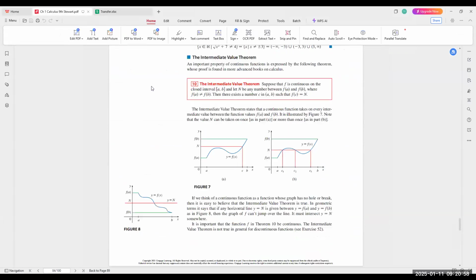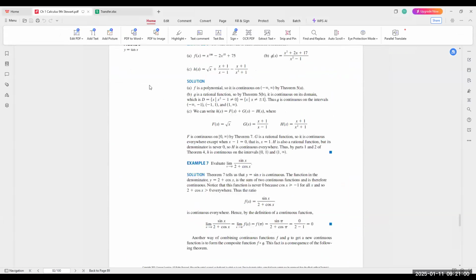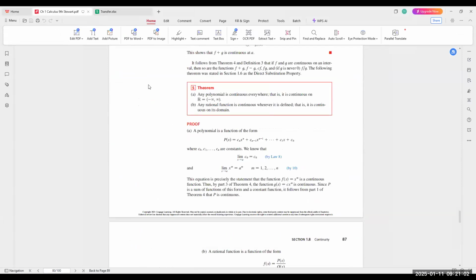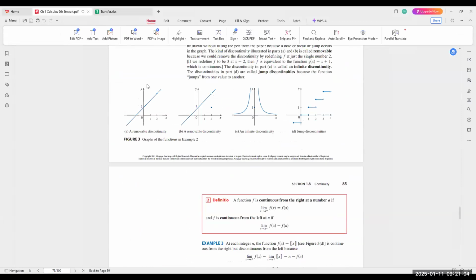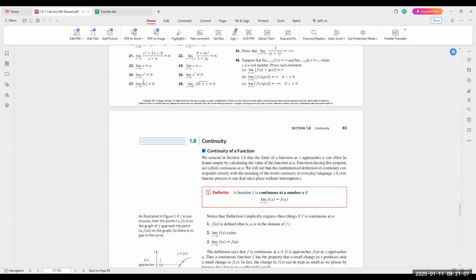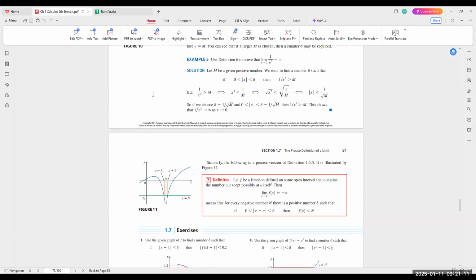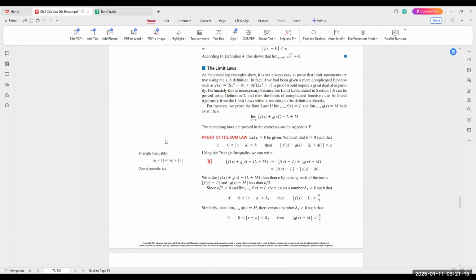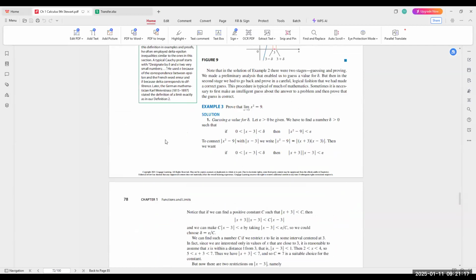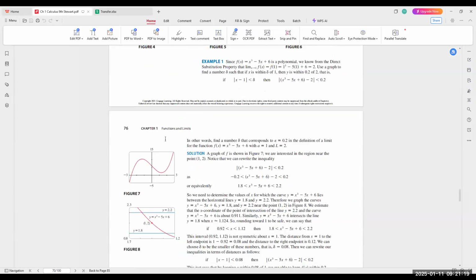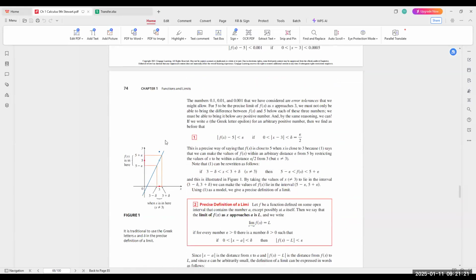On vertical asymptotes. This is 1.8. This is still 1.8. This is 1.7. 1.6.